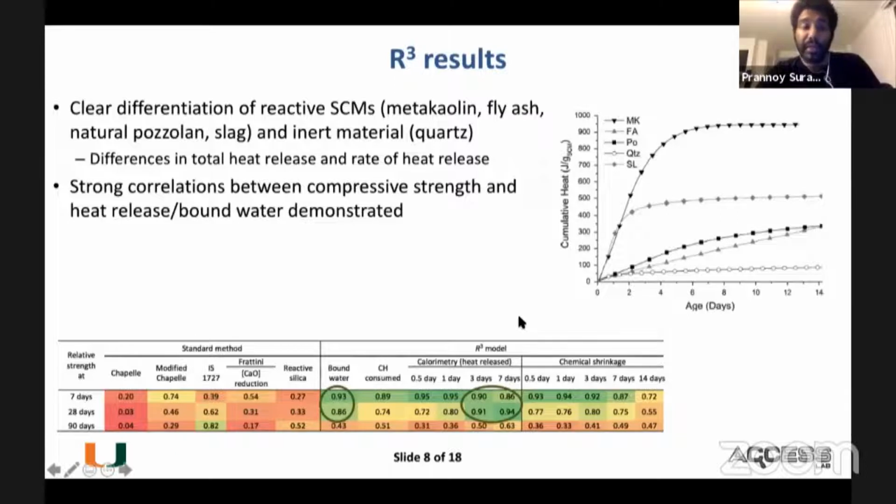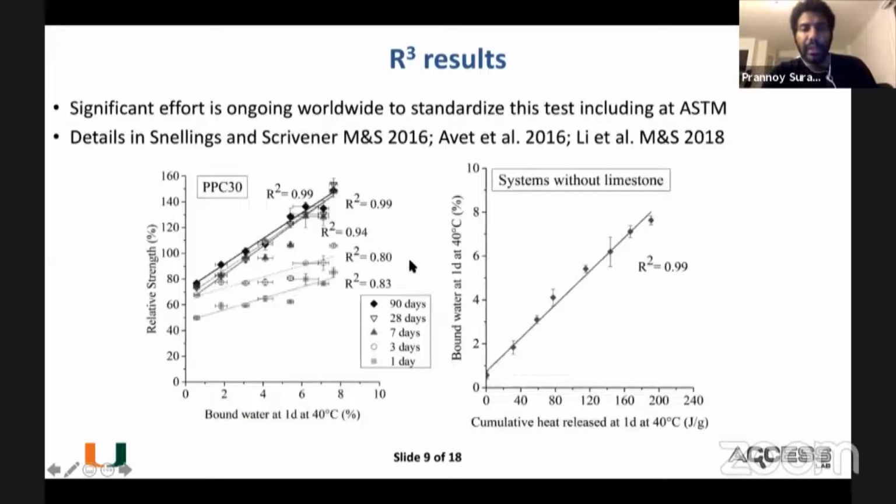More importantly, you actually see very strong correlations between the heat release or the bound water and compressive strength development, which are highlighted in these oval shapes here. In addition, the bound water that is measured correlates very nicely to the cumulative heat that is measured. And both the bound water and the cumulative heat correlate with the compressive strength.